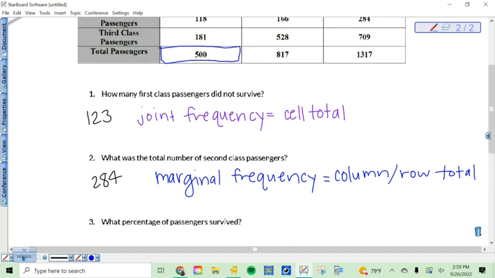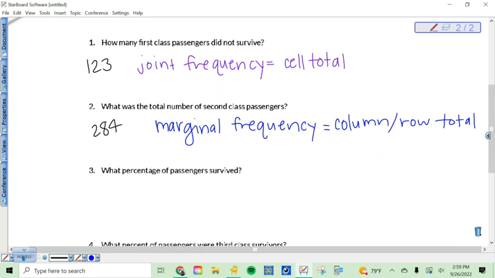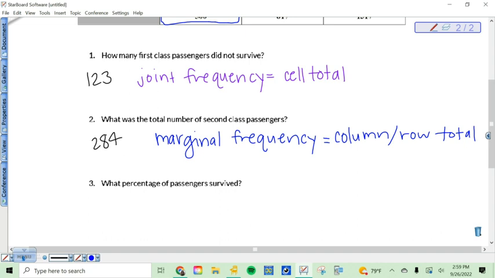All right, number 3, we're looking at percentage of passengers that survived. So when I'm talking about a percent, I'm looking at part compared to whole. So what is the whole in this situation? Yeah. 1,317. There you go, Kenai, thank you. And then, so percentage of passengers that survived, what's our part? 500.